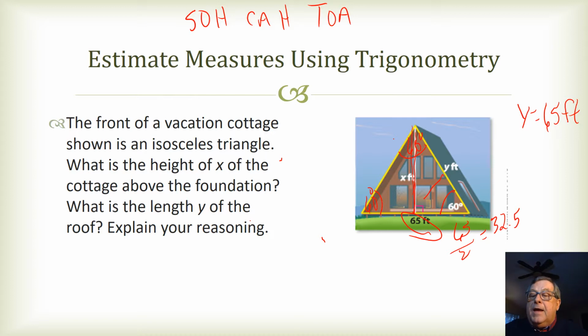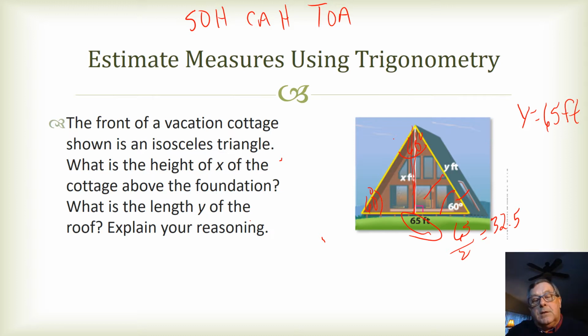All right, and that is adjacent to this 60-degree measure that I'm also given. And I've got to find X, which is opposite that 60-degree angle. So I know the adjacent side. I need to find the opposite side. SOHCAHTOA. TOA. Tangent. Opposite over adjacent.